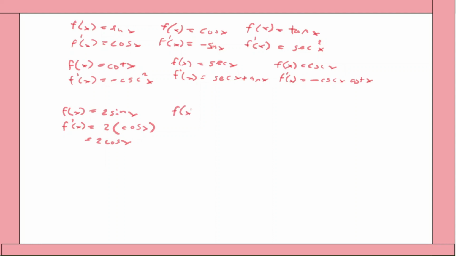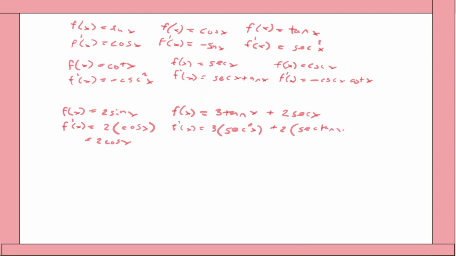What if we had 3 tangent of x plus 2 secant of x? So what would f prime be? Well, let's just keep the constant. So 3 tangent's derivative is secant squared, and secant would be secant tangent.